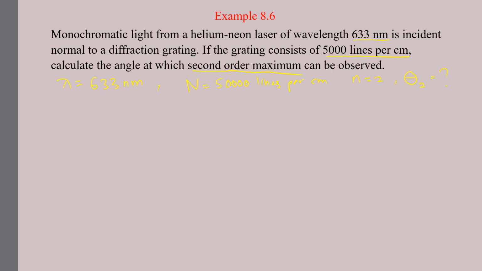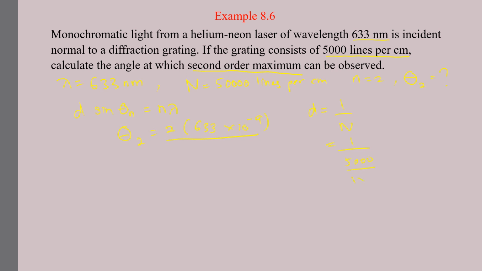Okay, so the formula we have to use is d sine theta n is equal to n lambda. Okay, sine theta 2 is equal to 2 lambda, 633 times 10 power of negative 9, over d, where d is equal to 1 over n, 1 over 5,000 per centimeter.